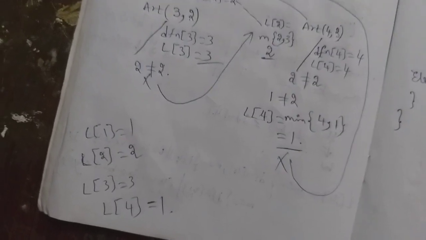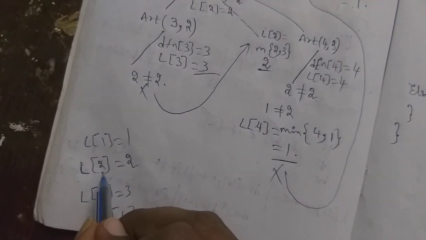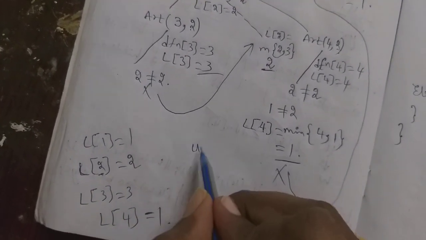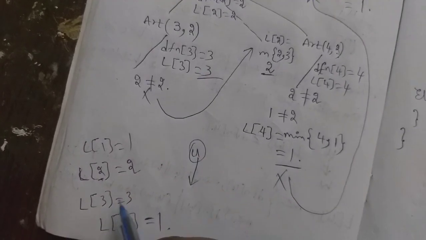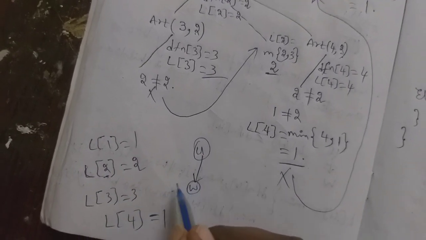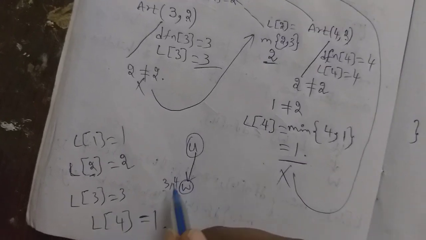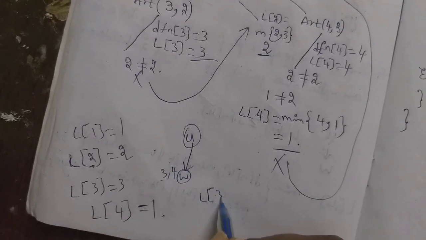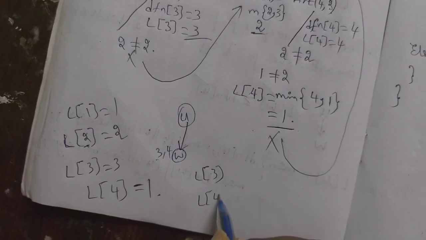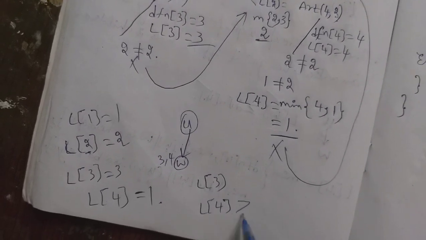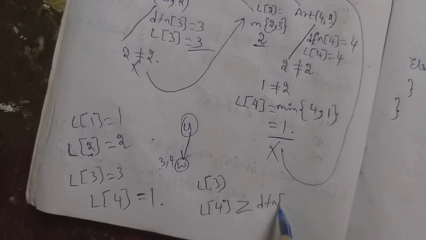Right? Now you tell me, for example, if I consider vertex 2 as U and its child W as 3 comma 4, whether the L value of 3 or L value of 4 is greater than or equal to depth first number of 2. What is depth first number of 2?